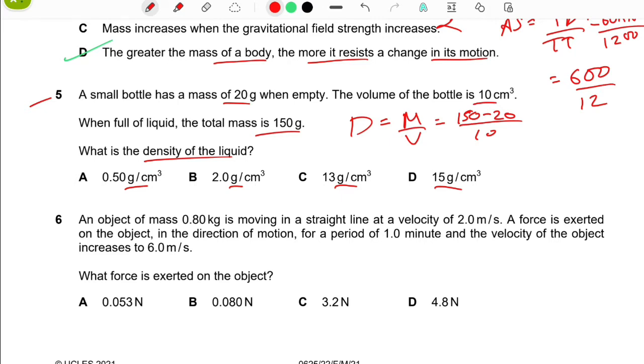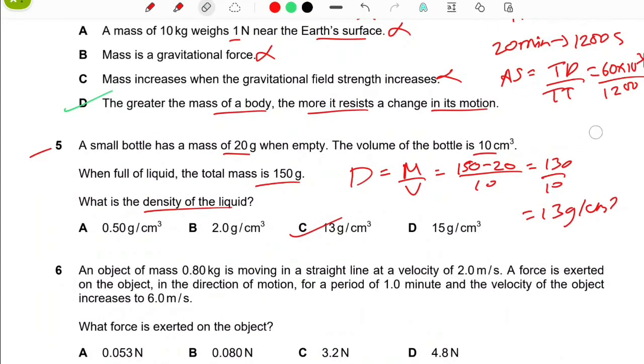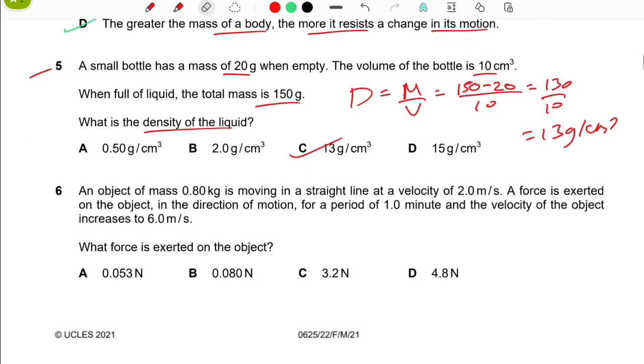Now just simple math: 130 divided by 10, which is 13 gram per centimeter cube, and option C is the correct one. I hope you are not getting confused between all my workings.